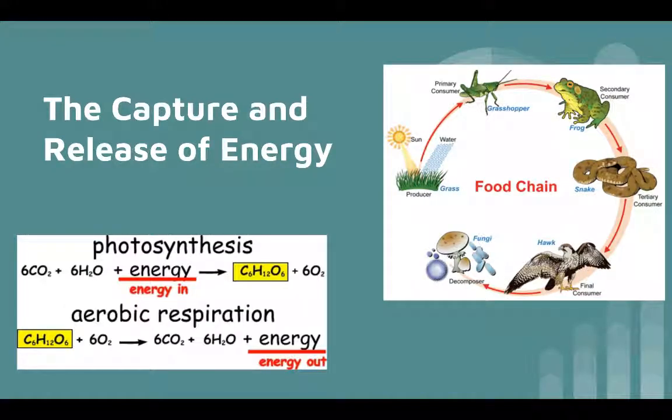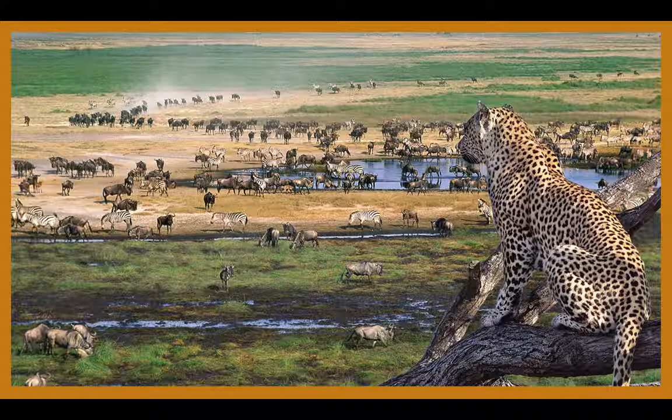So to move on, we need to understand how energy relationships interact, and what ecologists will study is the movement of this energy and matter within an ecosystem. And it's a combination of photosynthesis and respiration.